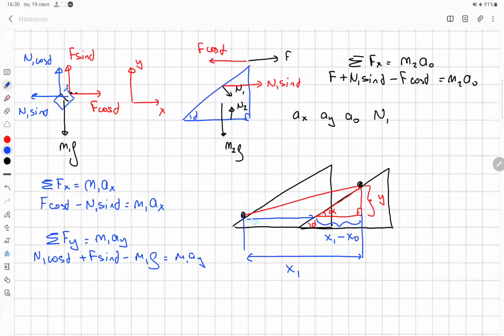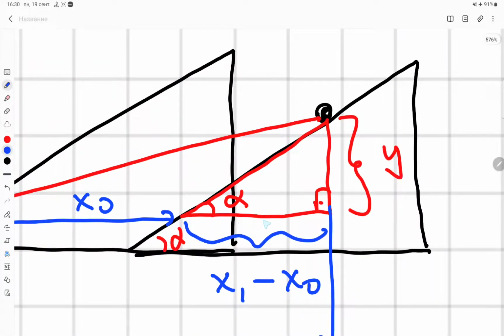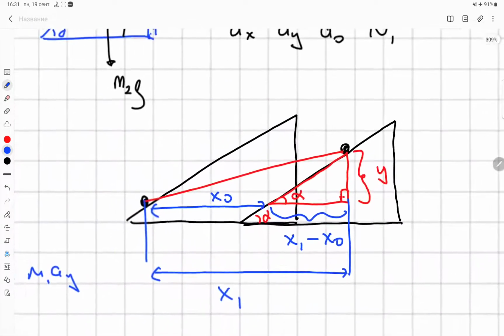This distance is the distance that object M2, the inclined plane, moves. Let's call it x0. So this length is equal to x1 minus x0. Now we need to pay attention to this right triangle. This height is y, this base is x1 minus x0. x1 is the distance that object M1 moves in the horizontal direction. x0 is the distance that the inclined plane, object M2, moves in the horizontal direction.